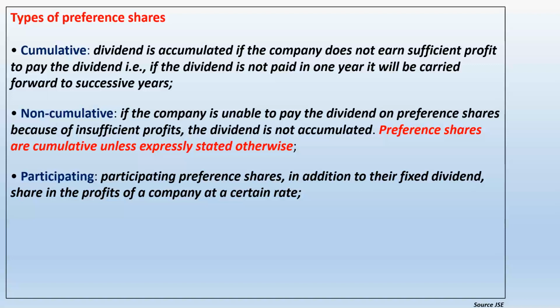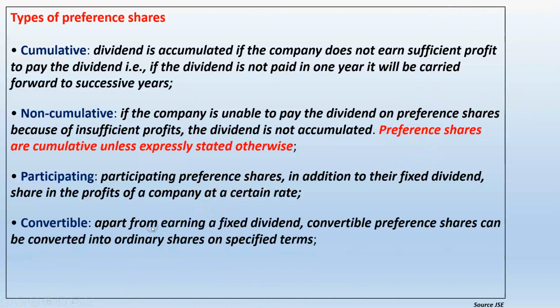And then a participating preference shareholder now shares in that 90 Rand with the ordinary shareholders. So over and above their fixed percentage dividend, which they are entitled to, they are also entitled to share with the ordinary shareholder in whatever the remaining distributable reserves or profits of the company are, in whatever the dividends are that are going to be declared.